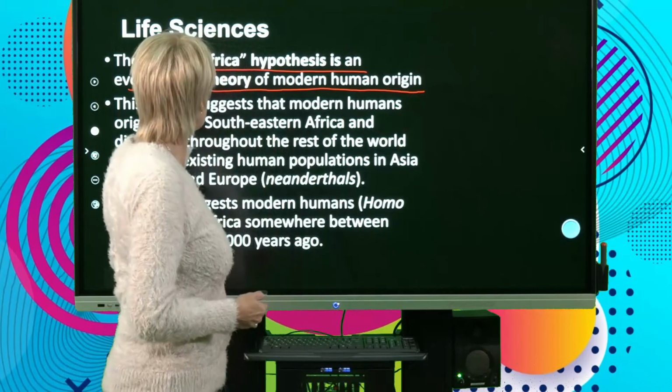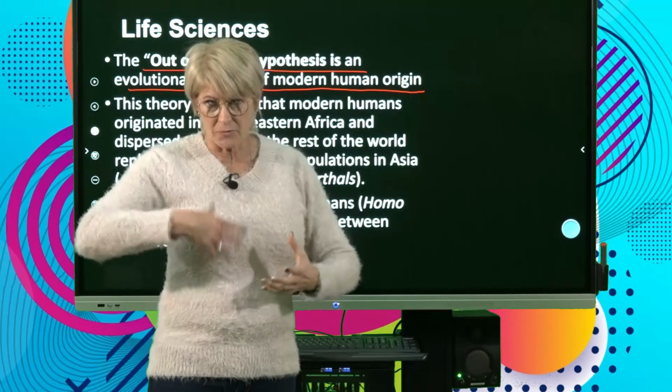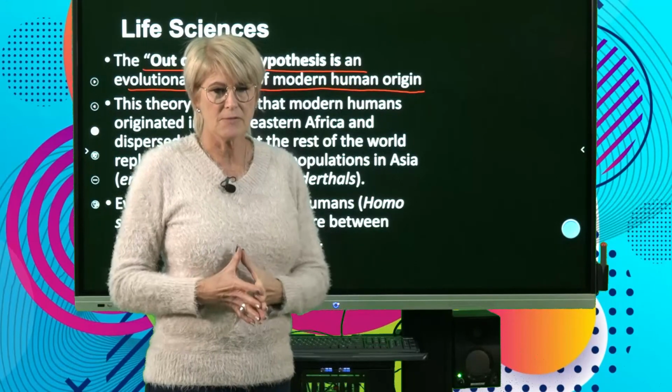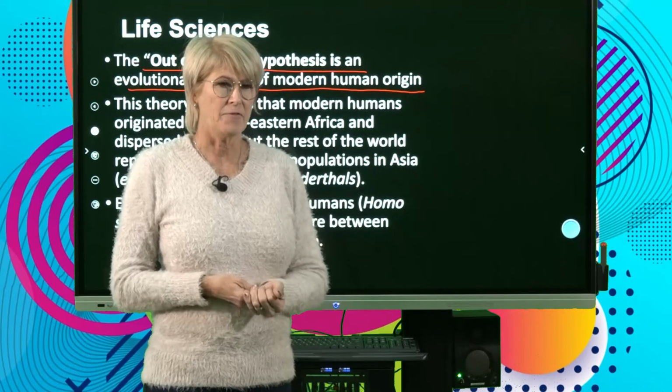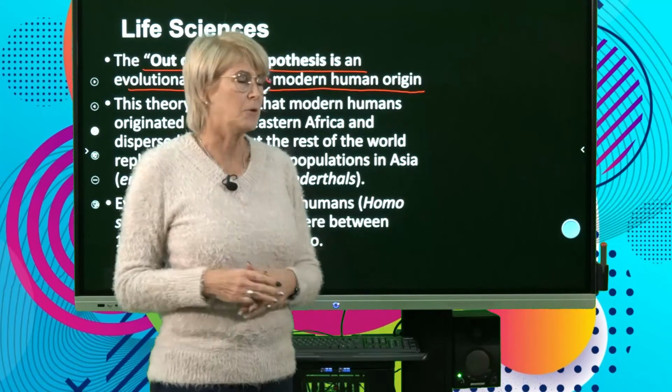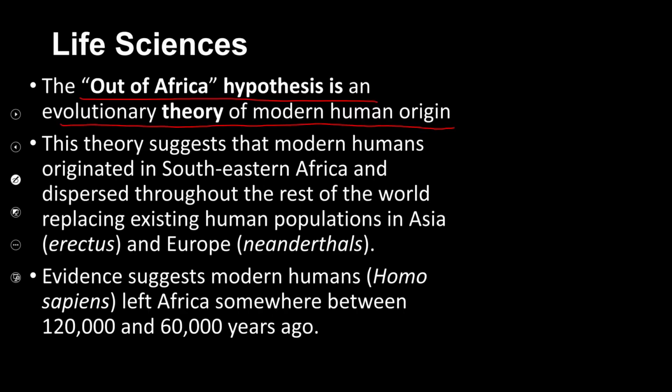So that basically is a theory of human origins, of where we originated from. And then also you need to know the evidence that we have that supports this hypothesis. All right, so basically this theory suggests that modern humans originated in southeastern Africa and dispersed throughout the rest of the world, replacing existing human populations in Asia, which was Homo erectus, and in Europe, which was Homo neanderthalensis.